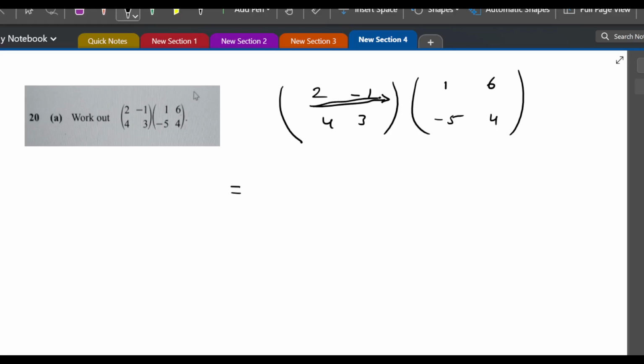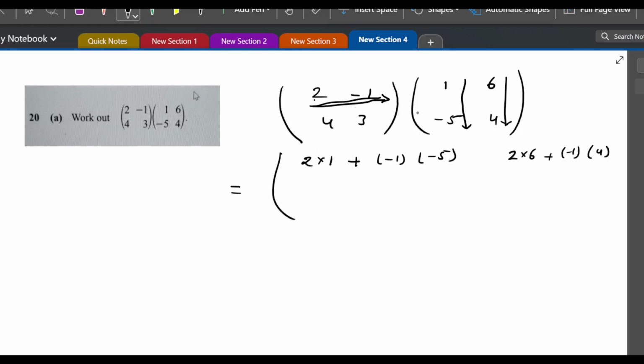So the first row is going to multiply with the first column. This 2 will multiply with 1, 2 multiplied by 1, and then plus this minus 1 will multiply with minus 5. Then this first row I will again multiply with the second column, so 2 multiplied by 6, then plus minus 1 multiplied by 4.